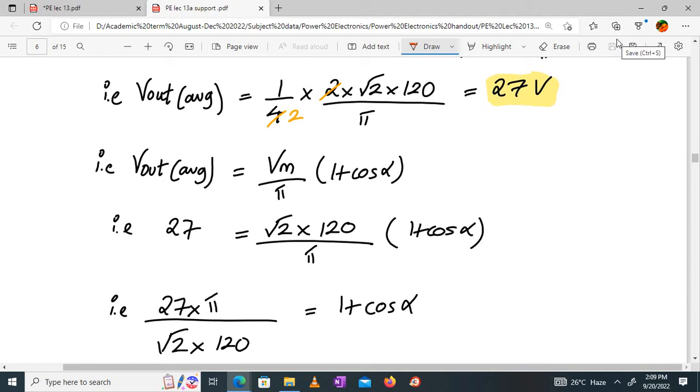I hope everyone is carrying a calculator and doing your own calculations. Do not just write the value, you have to solve it and get it on your own. Everyone got V out average as 27 volt? Yes? 27, okay.